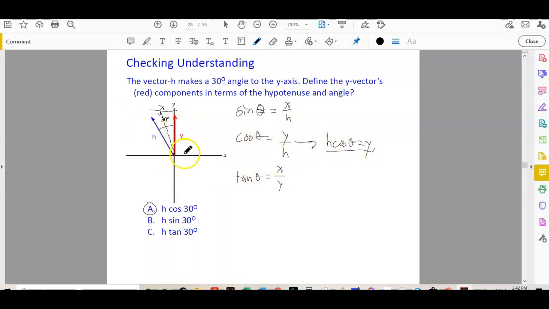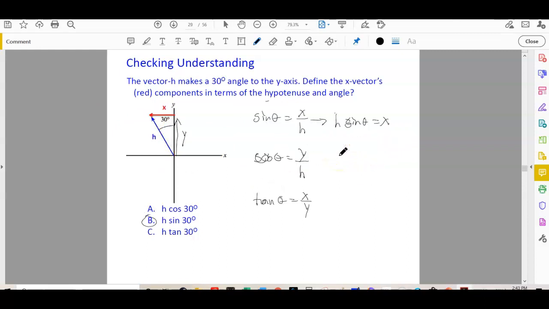So when you have to solve for an adjacent side, I want you to think this. When you need to find the opposite side, you should be thinking h sine of 30 degrees. If you're given hypotenuse and 30 degrees, you should be thinking h sine of 30 degrees.